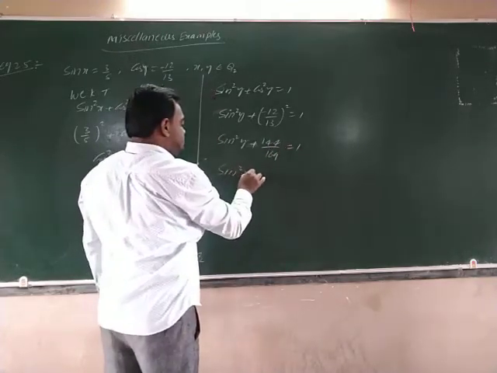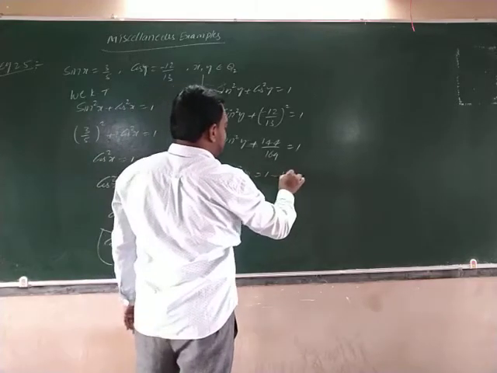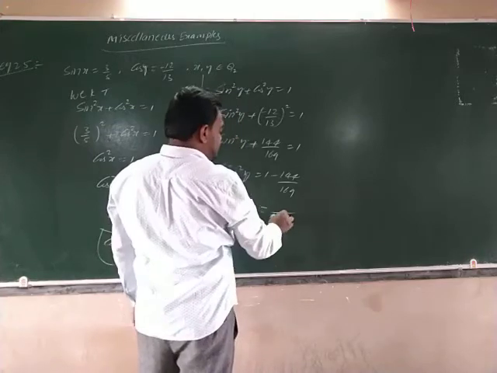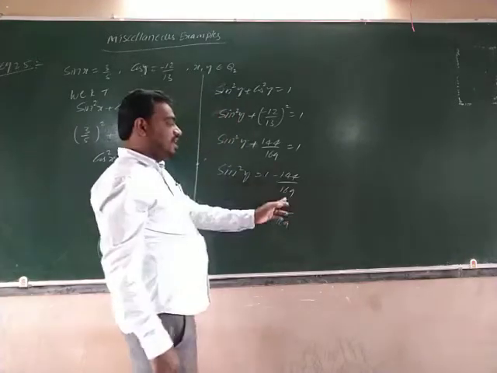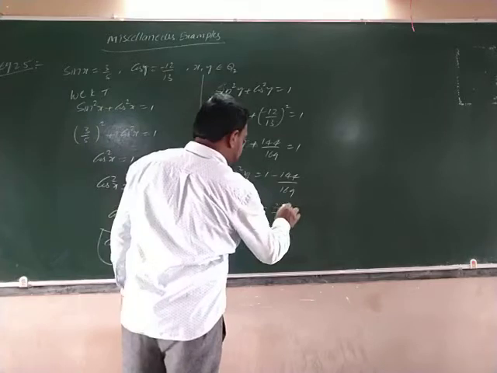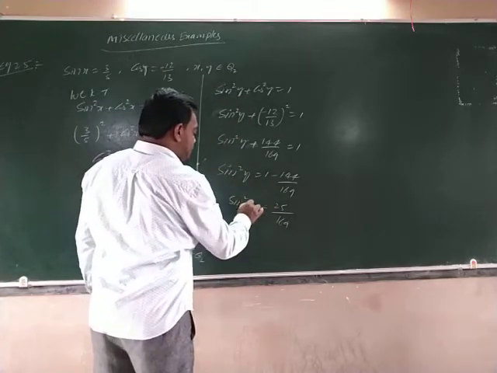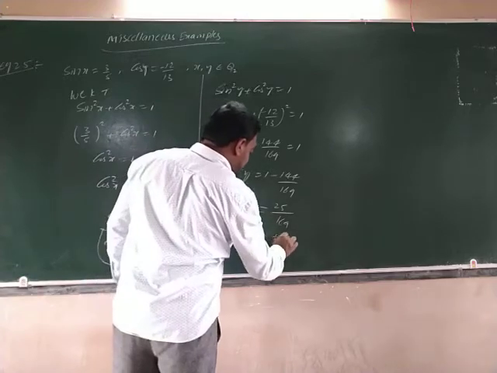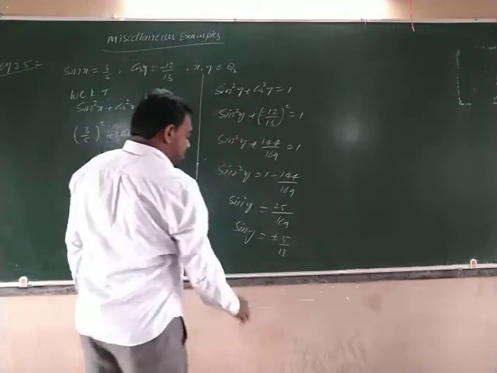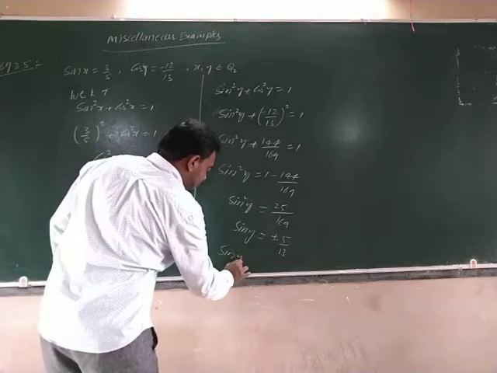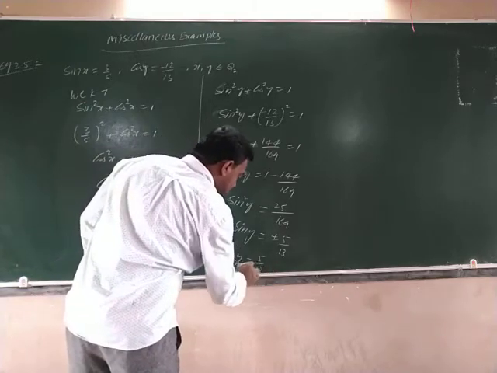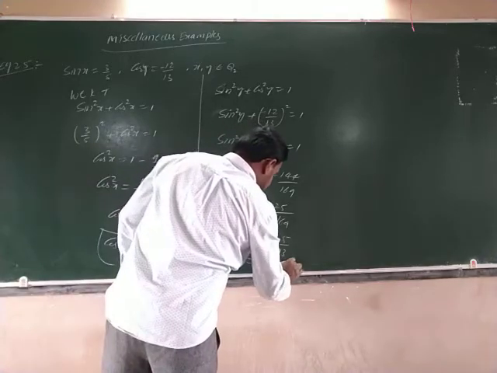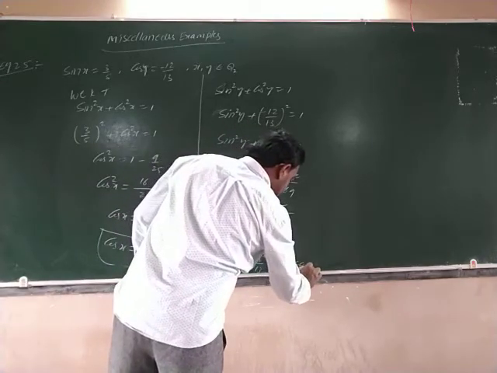So sin square y is equal to 1 minus 144 by 169. LCM 169. 169 minus 144 is 25, so sin square y is equal to 25 by 169. From this sin y is equal to plus or minus 5 by 13. But y lies in the second quadrant. In the second quadrant sin is positive. So sin y is equal to 5 by 13.